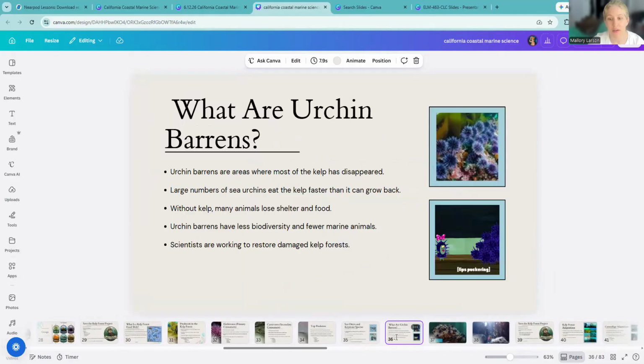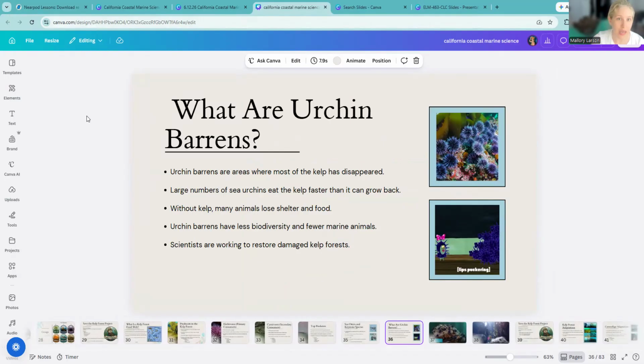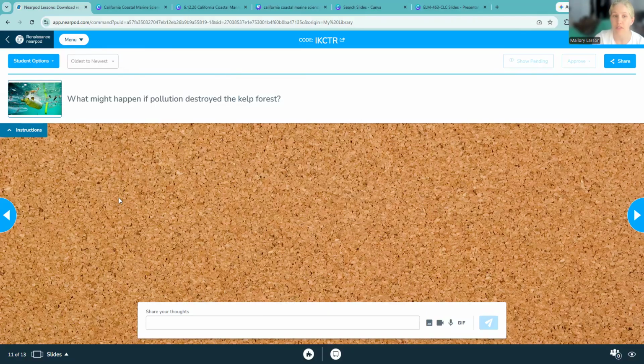One of the examples that I used in our lessons is a sea urchin barren, where the sea urchins have been taking the majority of the kelp ecosystem and eating at it because we have removed and decreased the population of sea otters, as well as the pollution of DDT that is in the channel between Los Angeles and Catalina and Anacapa Island.